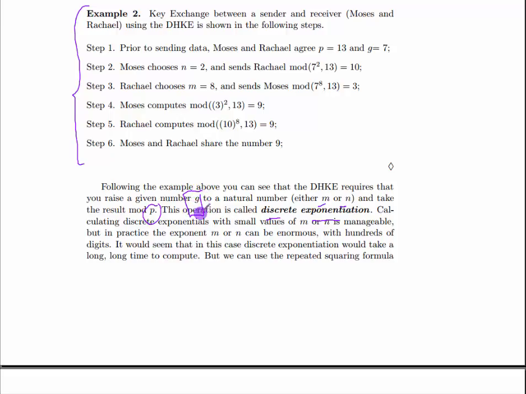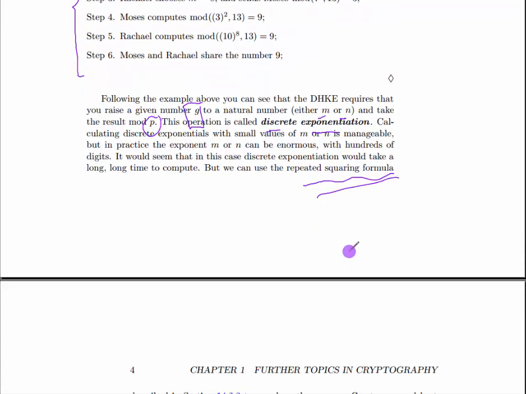Okay, now the thing that makes cryptography effective is that for small values of M and N, of course, you can do this easily, but in cryptography, you use enormous values of M and N. And you would think that it might take a long, long time to raise G to the nth power when M is enormous. But in fact, we've seen in the previous chapter, the first chapter on cryptography, a repeated squaring formula.